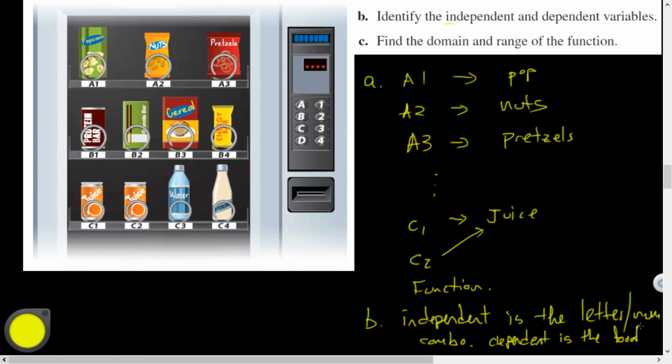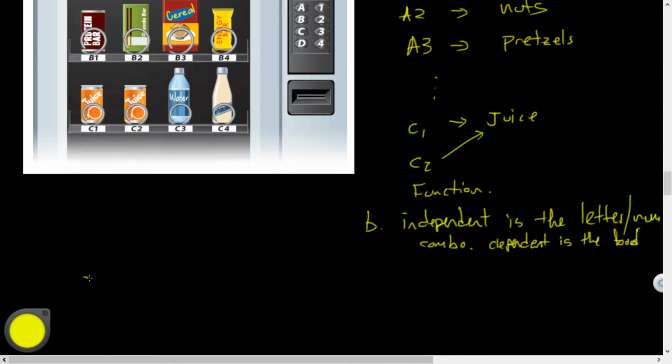Okay, I like it. All right, and then it says find the domain and range of the function. So the domain are the possible inputs. We might not take time to write all of these. So the domain is going to be the set of all A1, A2, comma C2, comma C3, right?